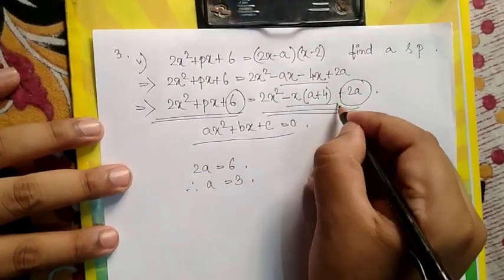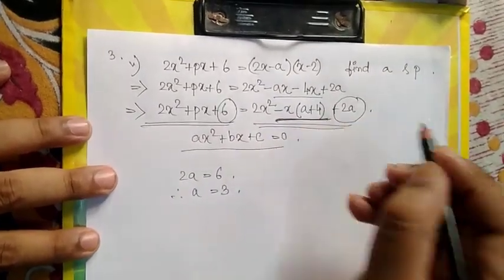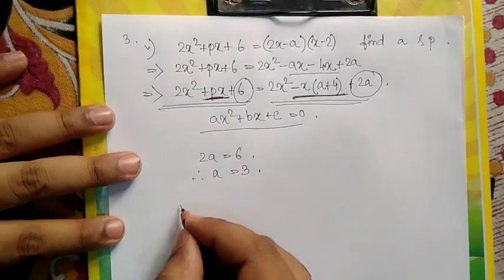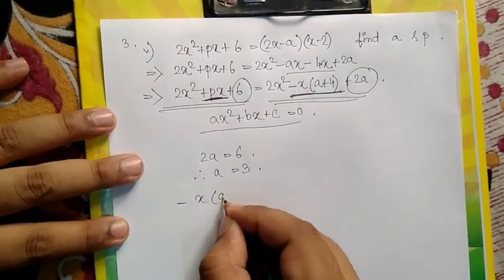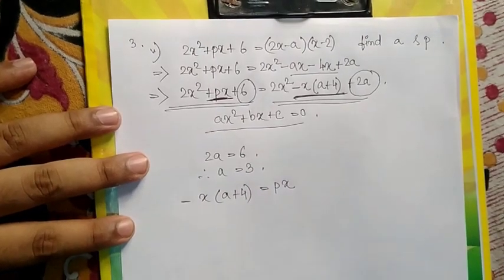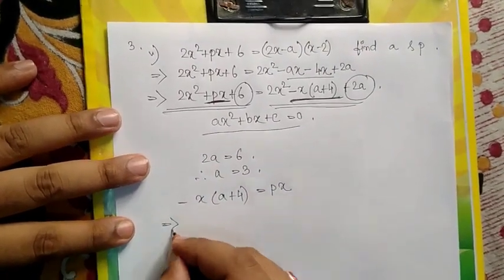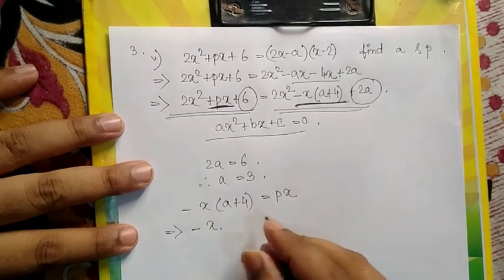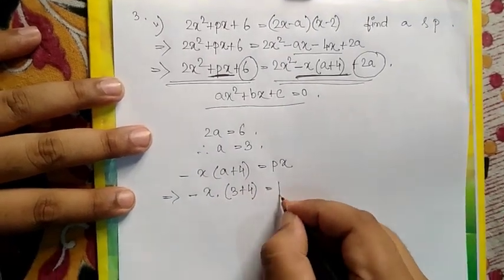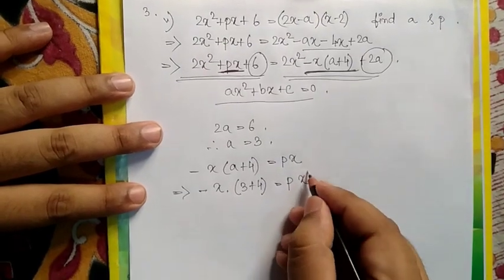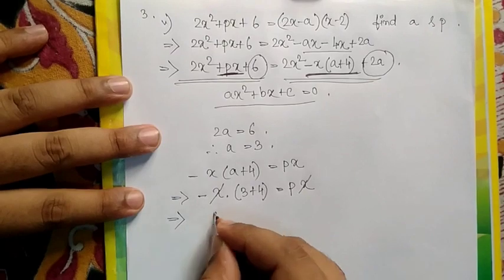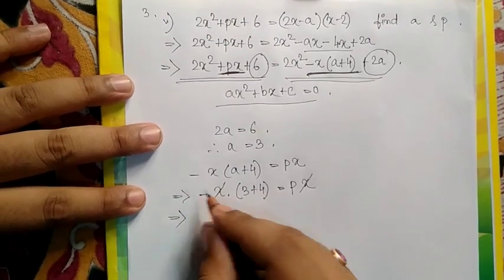After that this whole value is equal to this one. So therefore minus x into a plus 4 equal to px. We know the value of a. Putting those values, minus x into a means 3 plus 4 equal to px. Eliminate this. So the answer is p equal to minus 3 plus 4, 7, minus 7.